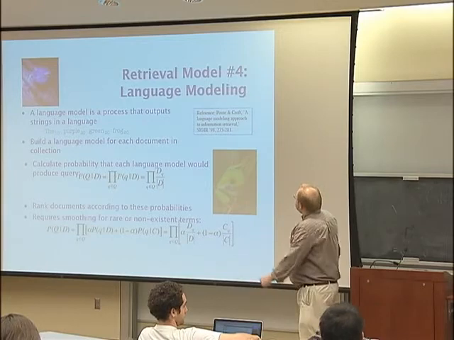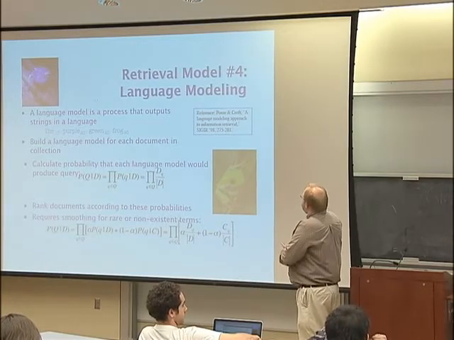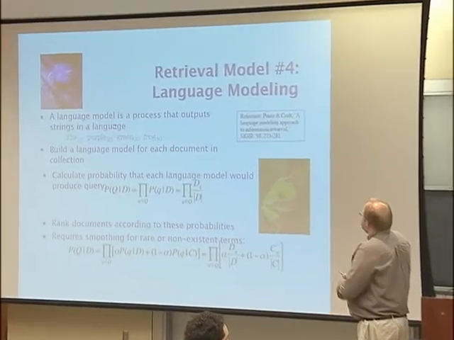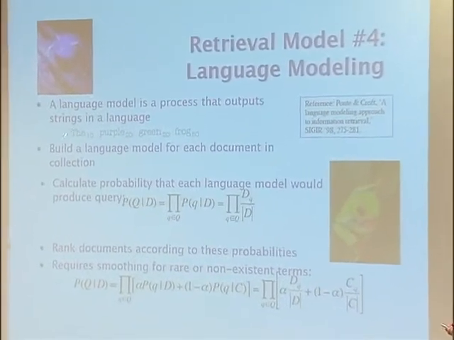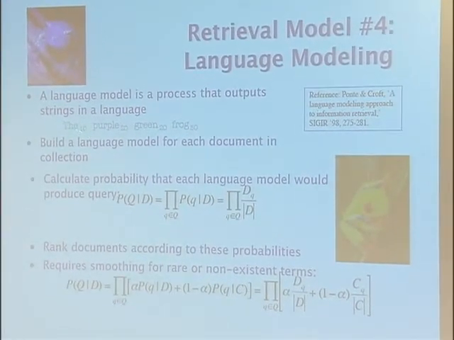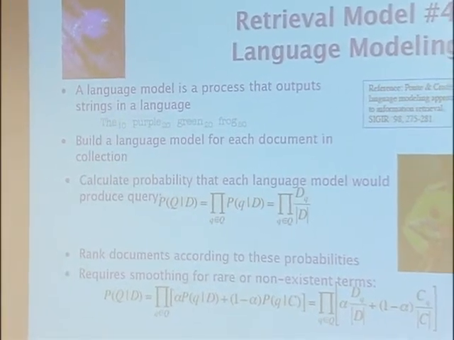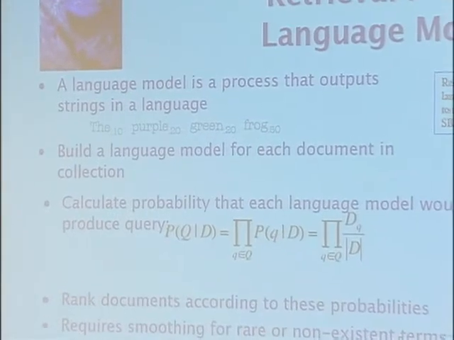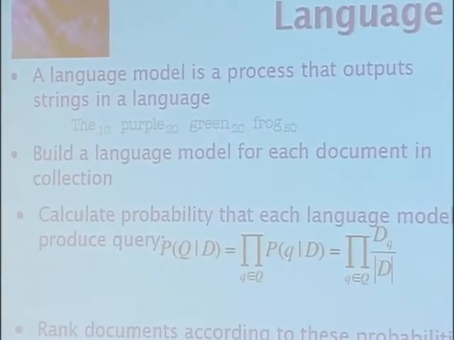So, what is a language model? A language model is simply a process that outputs strings in a language. So here we have a language model. It says 10% of the time put out "the", 20% "purple", 20% "green", and 50% "frog". So "green the frog green purple" would be a string in this language, and we could calculate the probability of that string coming out just by this unigram model.